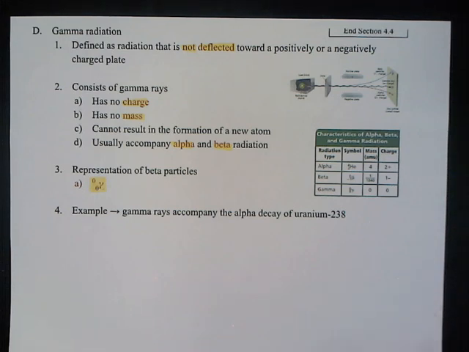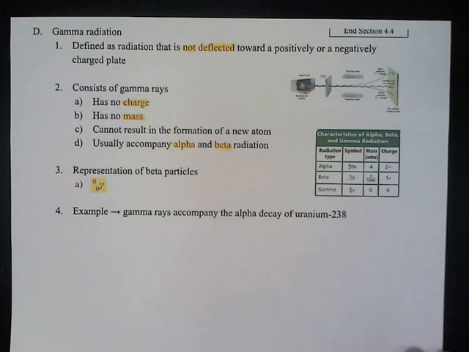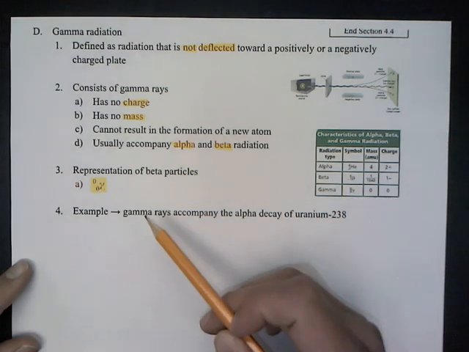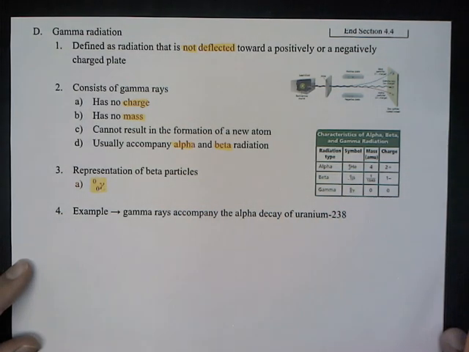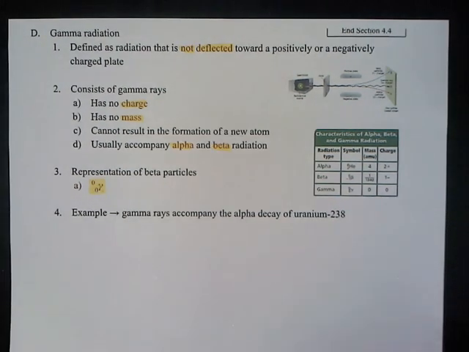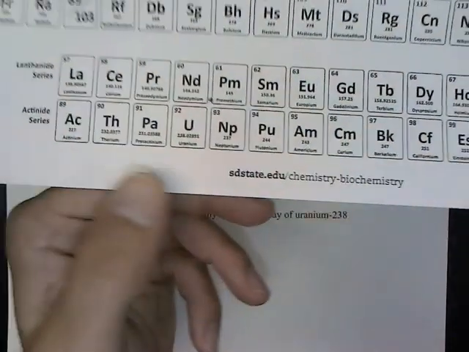So let's go through this. I combine a large portion of what we have learned. So we have uranium-238. It goes through alpha decay, and also gamma rays accompany this alpha decay. So we start out here with uranium, and we want to find the symbol.